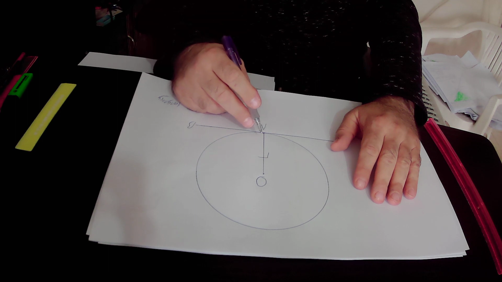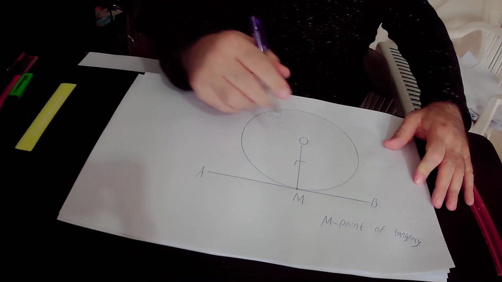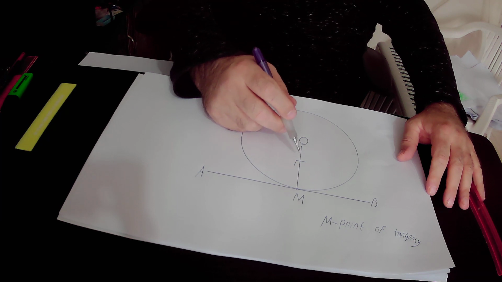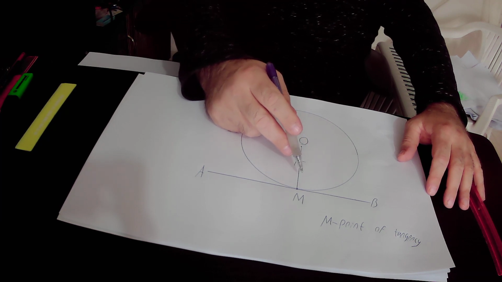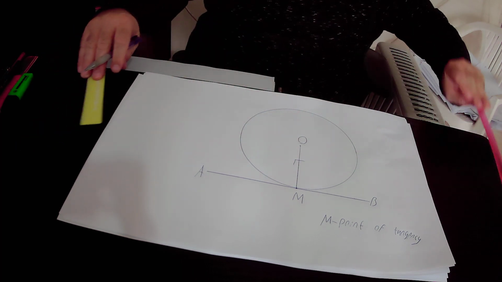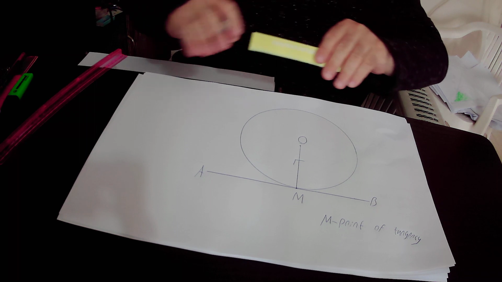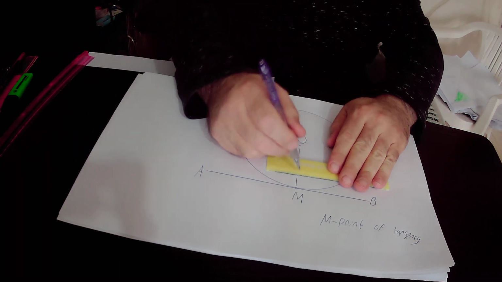Therefore, OM is the radius of this circle. You can see that the radius OM is drawn to the point of tangency, that is to say to point M, the point of tangency of tangent AB with this circle. Therefore, according to rule number 1, the tangent AB will be perpendicular to this radius.